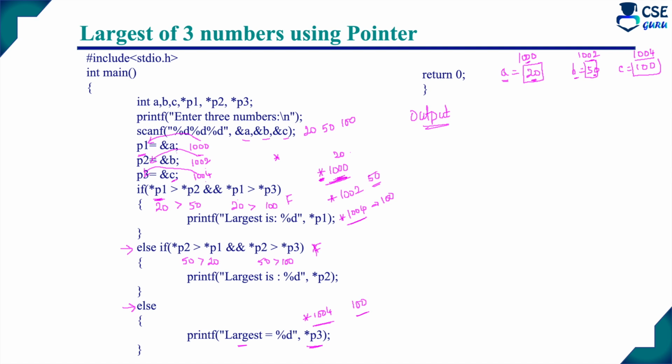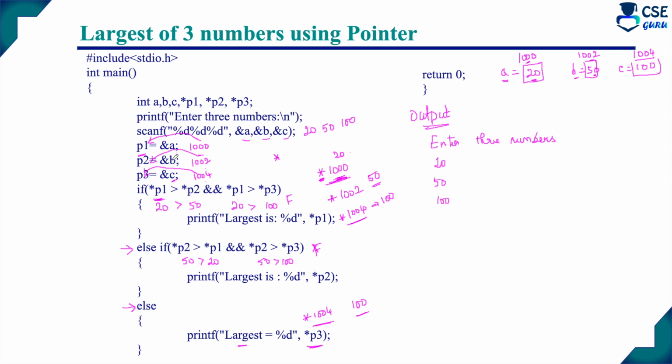In the output screen, first it will ask to enter 3 numbers, which is the message in the printf statement; as it is, it will print. Then we enter 3 values, 20, 50, 100.